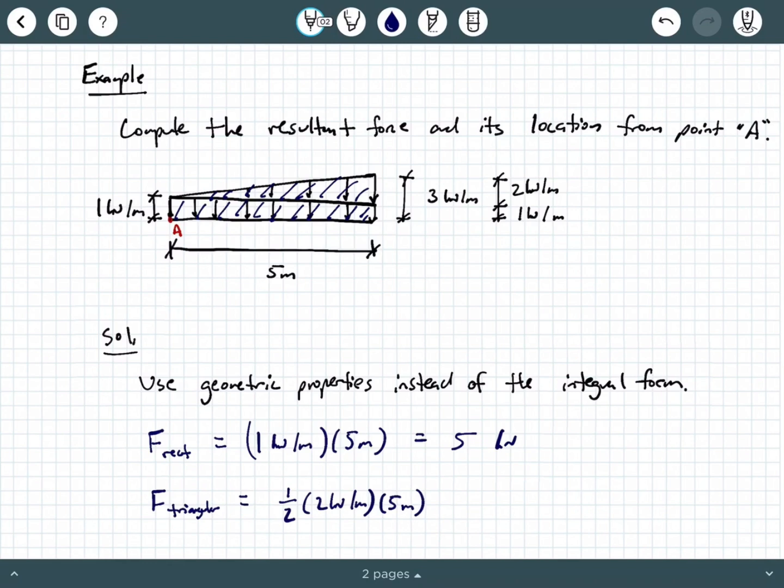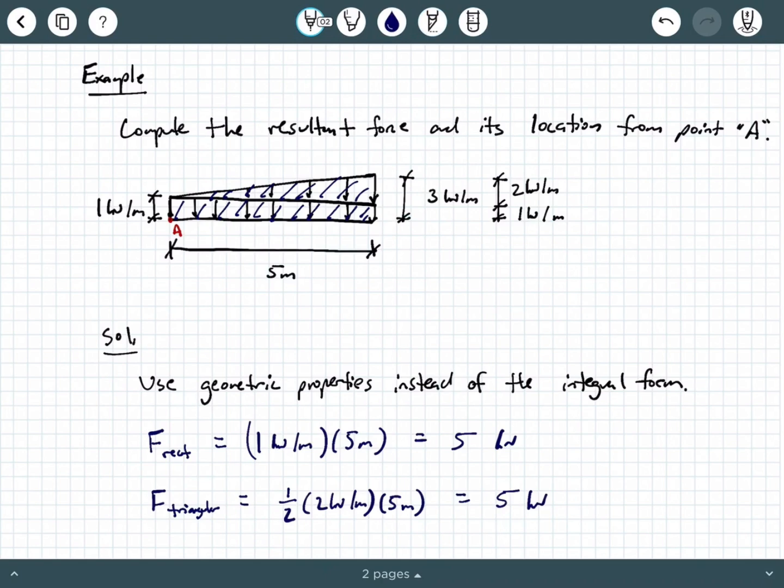And in this case, we are also clearly going to get a value of 5 kilonewtons. It just happens to be the same number as the rectangular portion, but that's just because of the values that we have here in this illustration. So you don't just memorize this and think that they're always going to be equal. It's completely based on the numerical values we have in this specific problem.